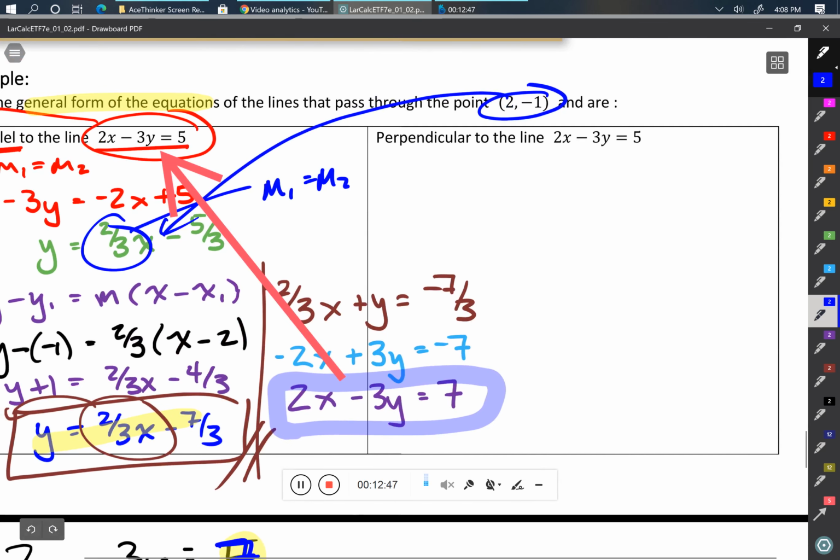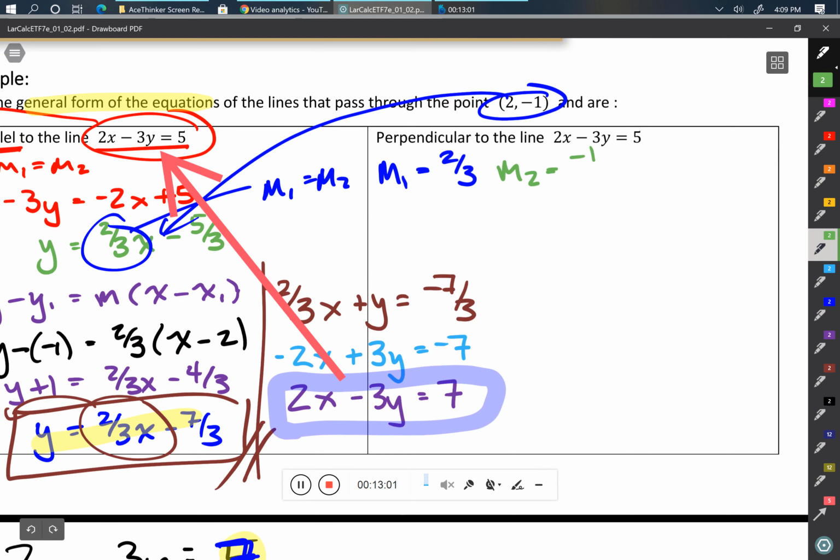All right, perpendicular. Well, I already know the slope of the line because I found it already. I know my slope is 2/3. So what's going to be the slope of the perpendicular line? Well, it's going to be negative 1 over the original slope, or the negative reciprocal. So what's that? Negative 3/2.